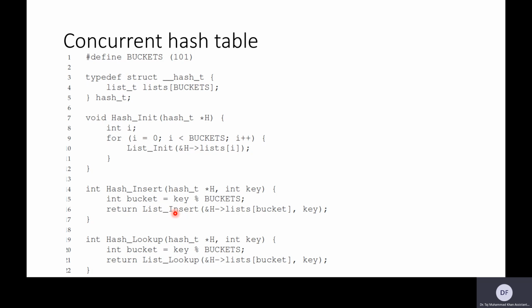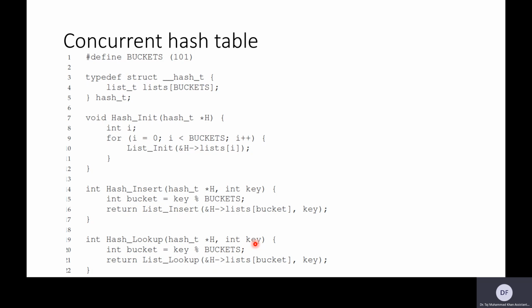Then a second thread will get the lock and perform the operation on the same linked list or the same bucket. So the key thing here is that hash table is a little more parallel than linked lists, because in a hash table we have multiple linked lists, and here we have 101 linked lists, which means at most 101 threads can perform operations on this hash table simultaneously, without any fear of corrupting each other's data. That depends on the values that they are manipulating, because the bucket is calculated based on the value.